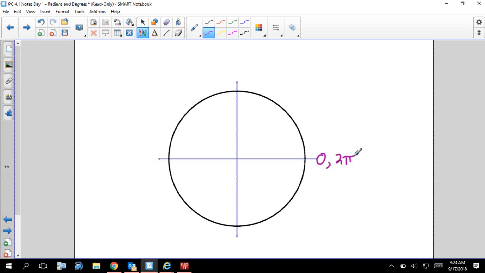I know you guys already know the angles, so we're not going to really talk about the angles. We are going to use angles today, but I'm going to spend more of the lesson on radians. So all the way around is 2 pi. So that means halfway around is what? Pi.